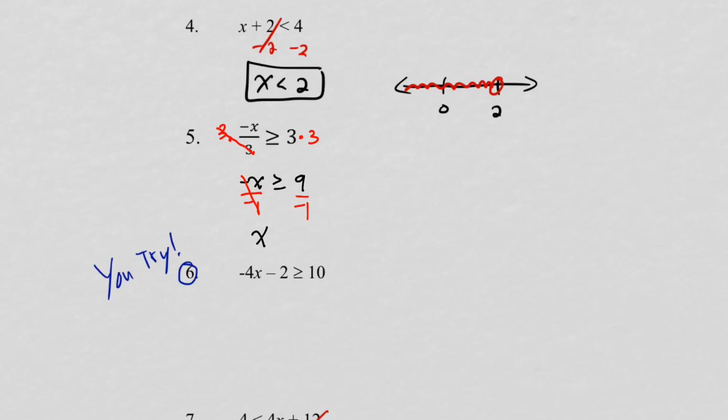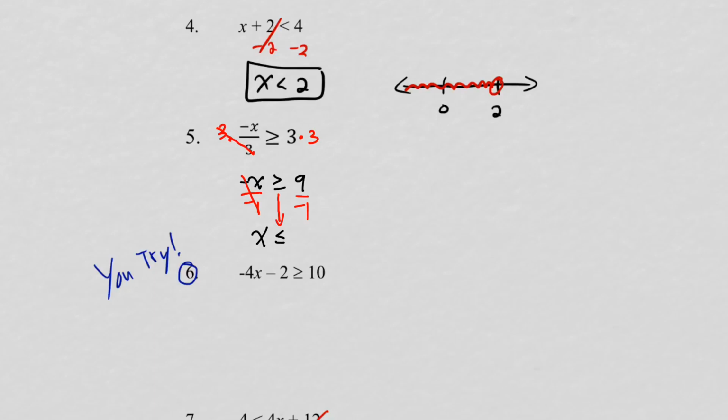But in the process of doing this, guys, the only thing you have to remember with the inequalities is you have to reverse the symbol whenever you multiply or divide by a negative. So that means that this greater than is now going to become less than or equal to.